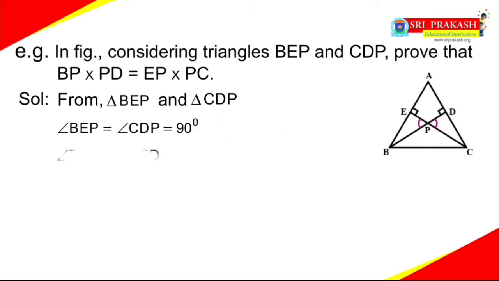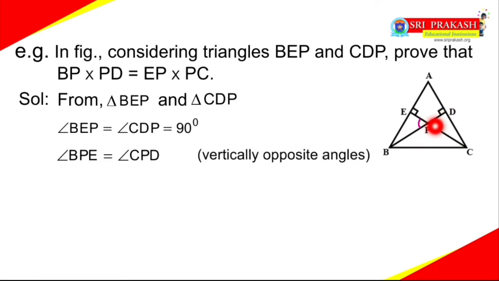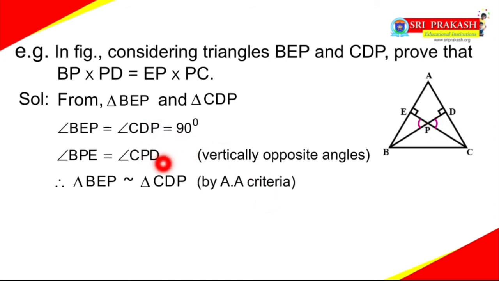Next, angle BPE is equal to angle CPD, since these are a pair of vertically opposite angles. Therefore, triangle BEP is similar to triangle CDP by AA criteria.